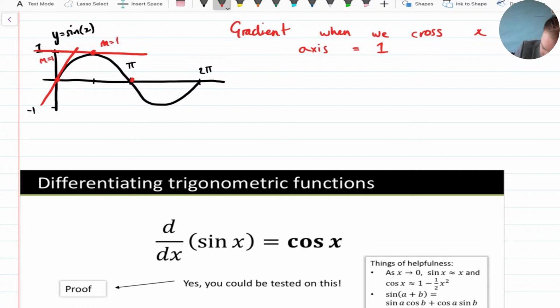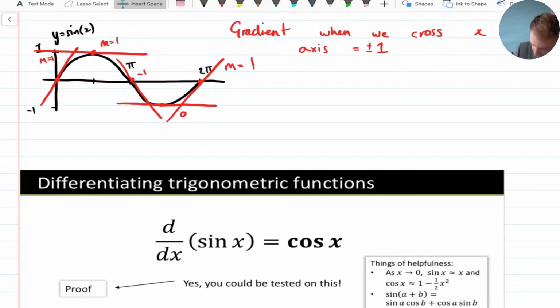Now, actually, I should say plus or minus 1. So the gradient at this point here is -1. The gradient at this point here is equal to 0. We can see that. And the gradient at this point here, we know it's a repeating pattern, so that must be the same as the starting one. These two, this one and this one, should be parallel because they're exactly the same. And we know that the gradient at this point here is equal to 1.